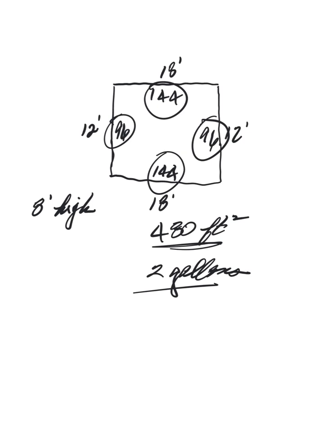So if we bought 2 gallons, and let's say each gallon was $16.50, we'd end up spending $33 on paint, even though we wouldn't use nearly all of it. So that gives you an idea of how to determine how much paint to do for a room.